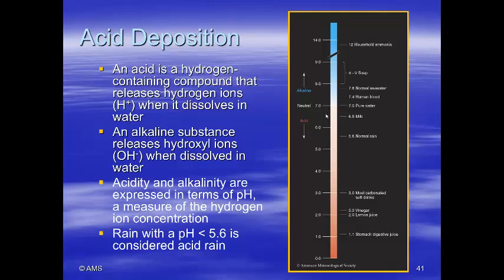The acidity and alkalinity are expressed in terms of a pH, which is a measure of the hydrogen ion concentration. Rain with a pH less than 5.6 is considered acid rain.